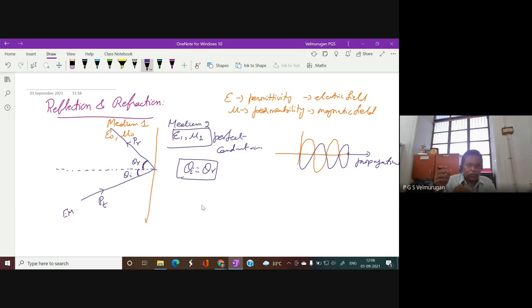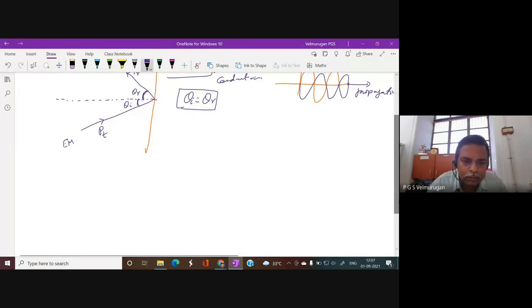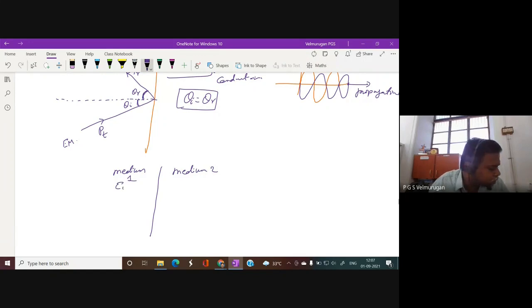Okay. Suppose it is a dielectric medium. In medium 1 we have epsilon 1 and mu naught, and this is a dielectric, and medium 2 is also a dielectric with epsilon 2 and mu naught. So mu naught is the same for both dielectric materials.